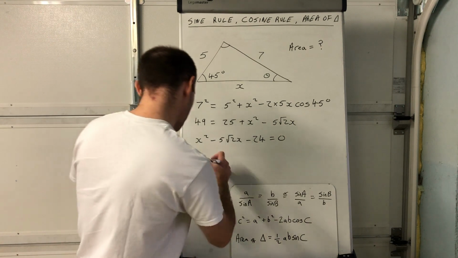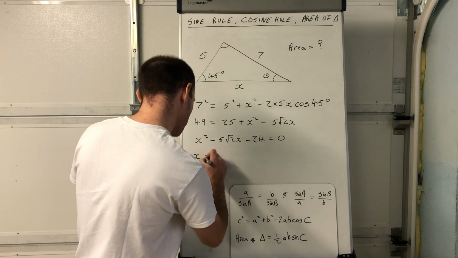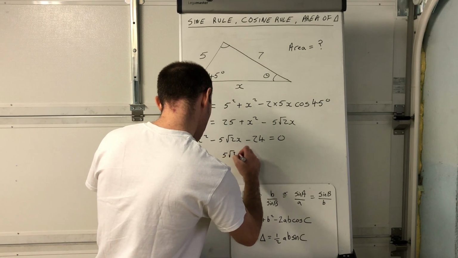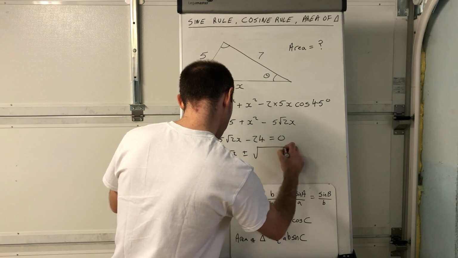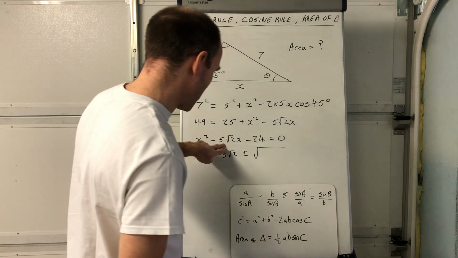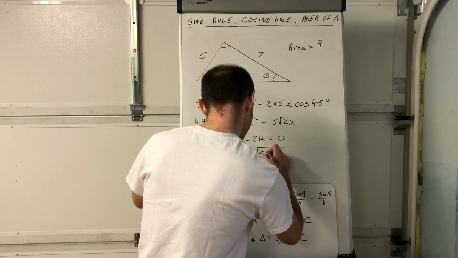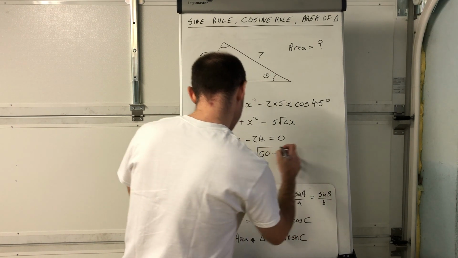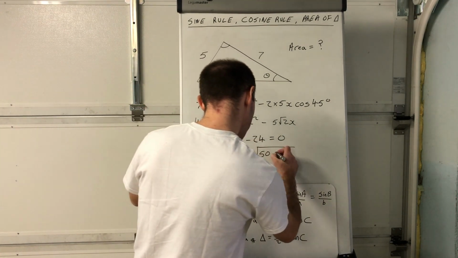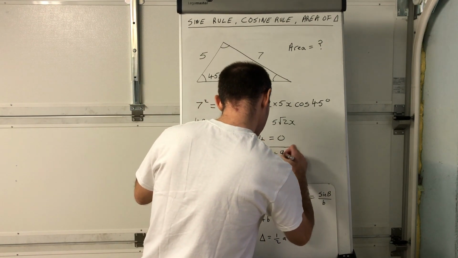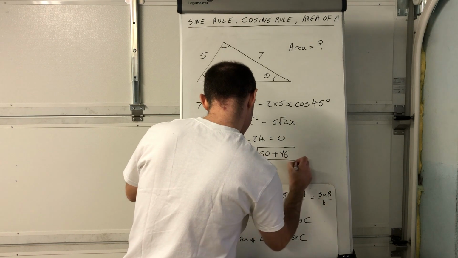And then you're going to use the quadratic formula to work that out. So that's going to be 5 root 2, positive or negative, square root of b squared, so that's 25 times 2, that's 50. Subtract 4ac, so subtract 4 times 1 times negative 24, that's going to be plus 96, all over 2.